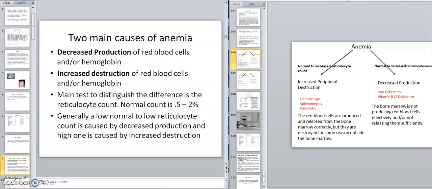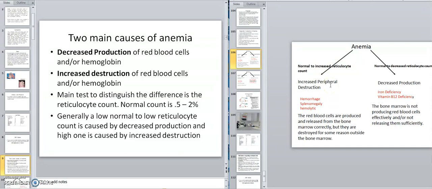Now, in this particular scenario, the bone marrow would be called central headquarters. So once the red blood cells leave the central headquarters, they're in the periphery. So that's why we call it increased peripheral destruction, because they left this here and they're in the periphery.